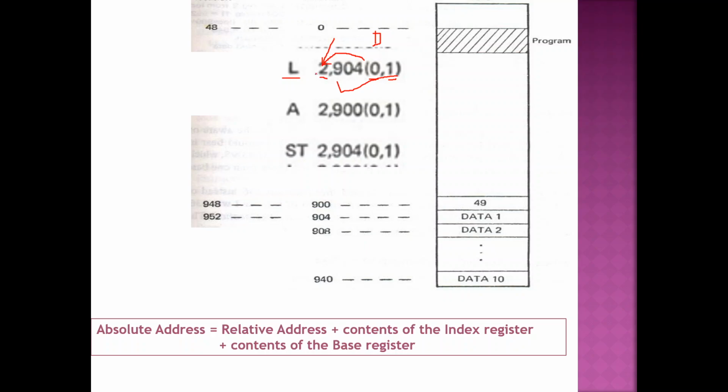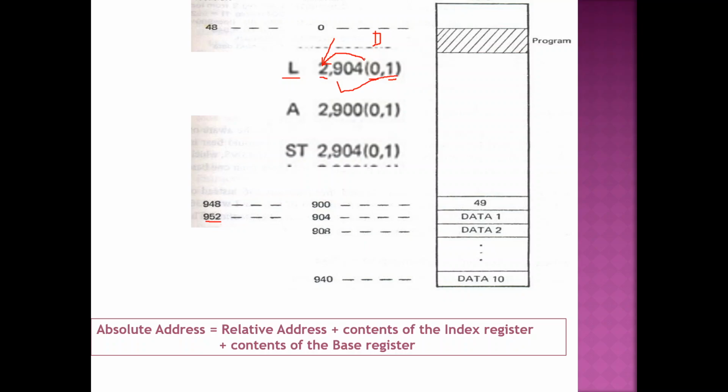That's it, simple. Why then do we have to use 0 and 1 here? Because we are talking in terms of a relative address. If I wanted to find the absolute address here, which is 952, I have to add the index register value and the base register value. So we will leave that part for now. Let us understand only from location 904.